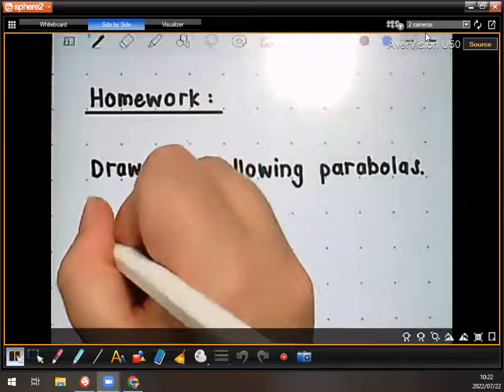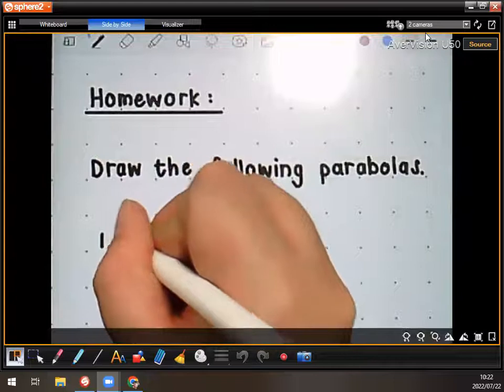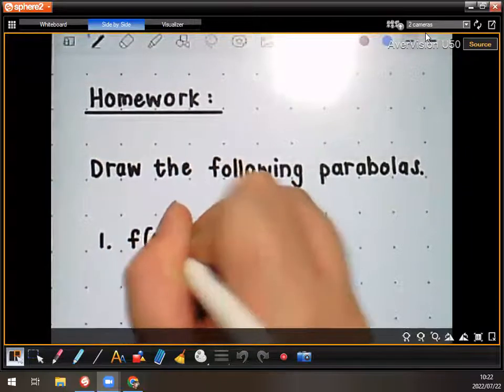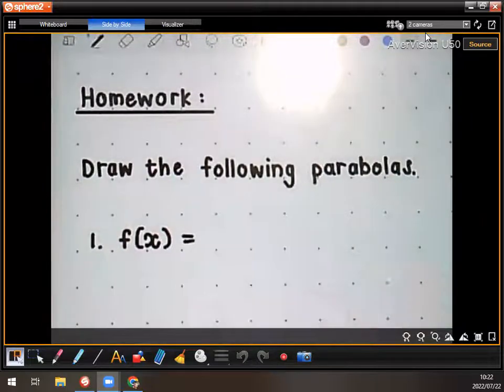Okay, so I'm going to give you one that's written in standard form and then one in turning point form. So let's call the first one f of x, which is just the same as y, right? Doesn't change anything.